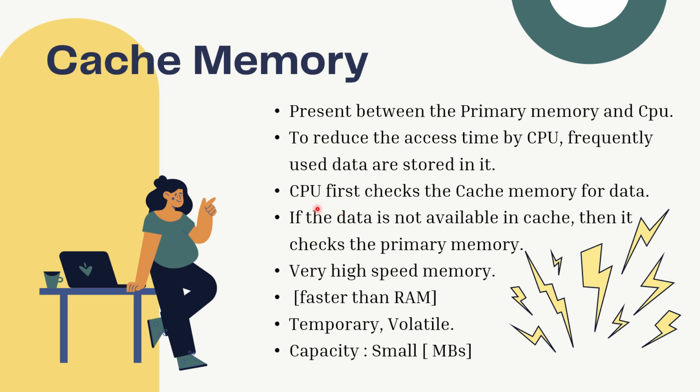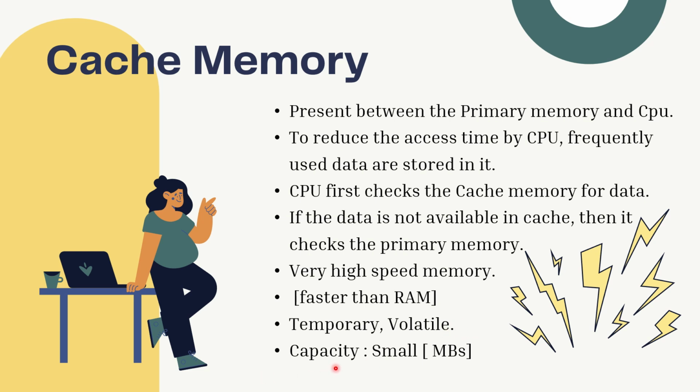First, the CPU checks the cache memory for the data. If the data is not available in the cache, then it goes and fetches the data from the primary memory. Cache memory is a very high-speed memory, even faster than the primary memory or RAM. Its nature is temporary and volatile, so the data stored will be lost if the power is turned off.